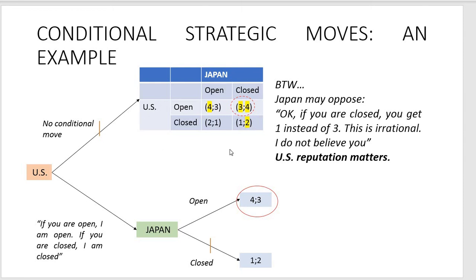So in this case, the United States might say, listen, I'm not really going to hurt you, but if you remain closed, it might deteriorate relationships between our countries. So probably in the future, when Congress decides to vote for some legislation which might potentially hurt you, it will do so.